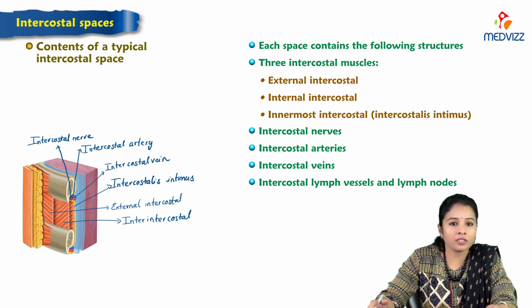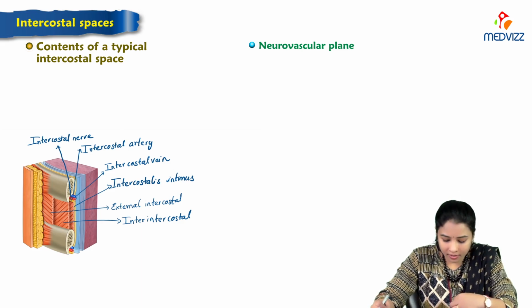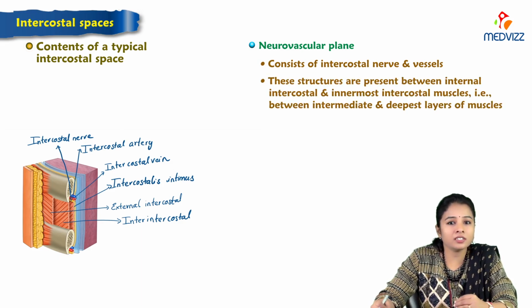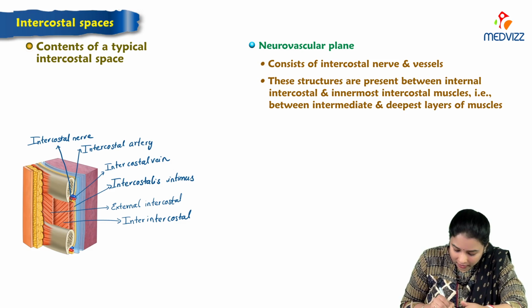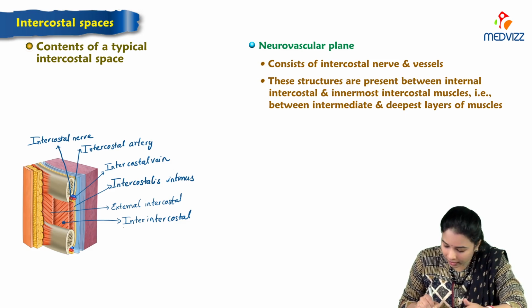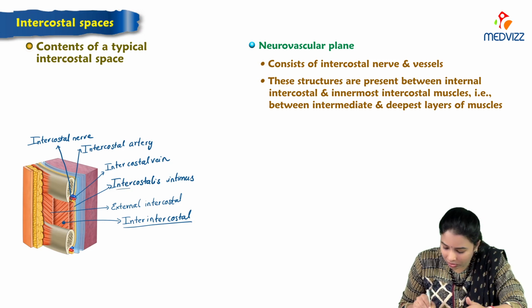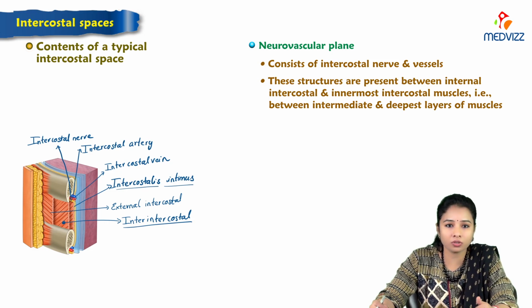This neurovascular bundle runs in a plane called the neurovascular plane, meaning the typical intercostal nerve and vessels are present between the internal intercostal muscle and the innermost intercostal muscle. You can see here this muscle is the internal intercostal muscle and the deepest is the intercostalis intimus, otherwise called the innermost intercostal muscle.